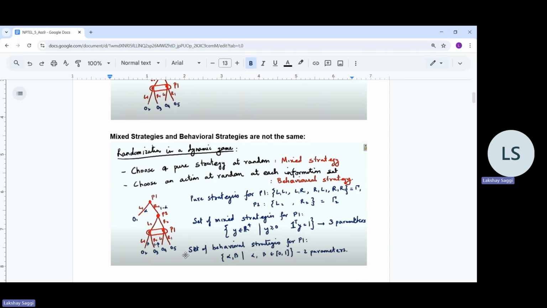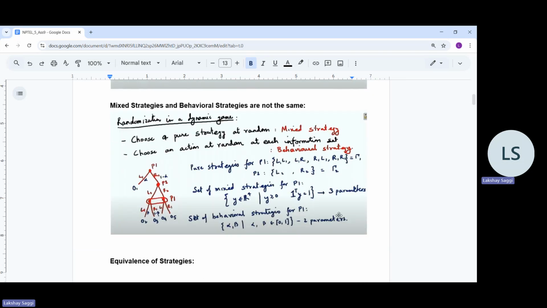And this is the only randomization which occurs in the behavioral strategy. So as you can see, the behavioral strategy is characterized by just two parameters, whereas the mixed strategy was characterized by three parameters. So inherently, mixed strategies and behavioral strategies are not the same, right?